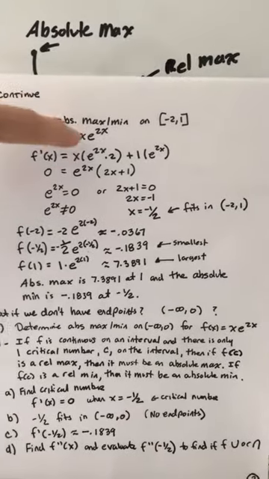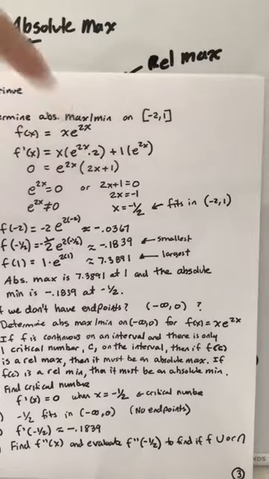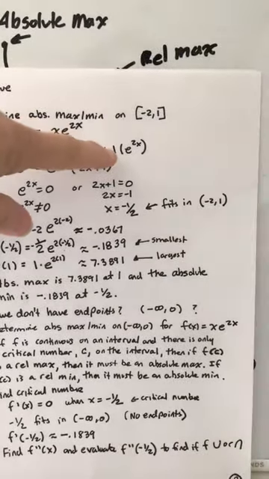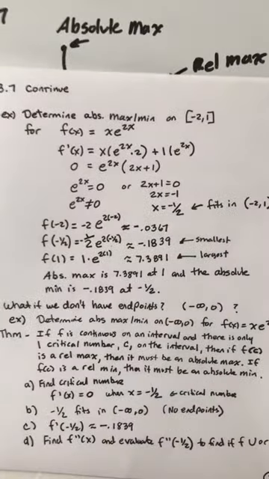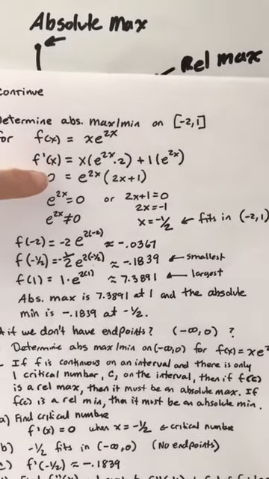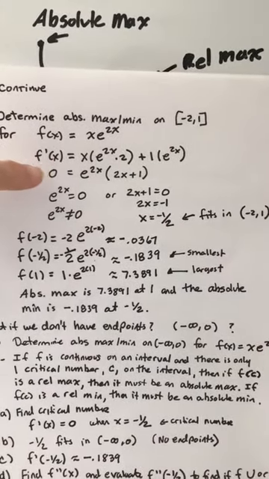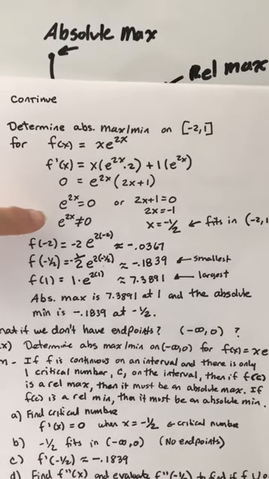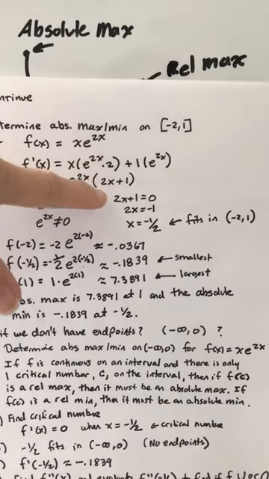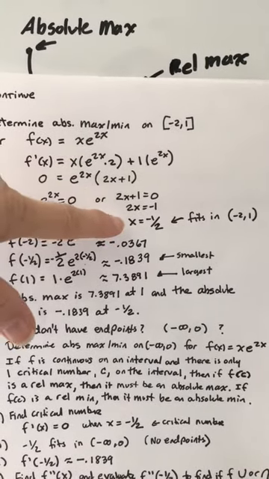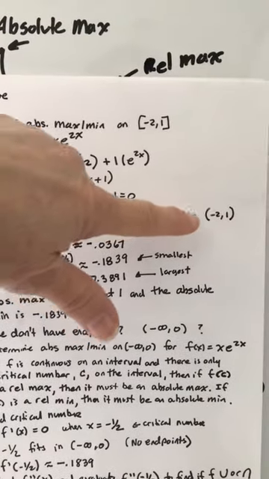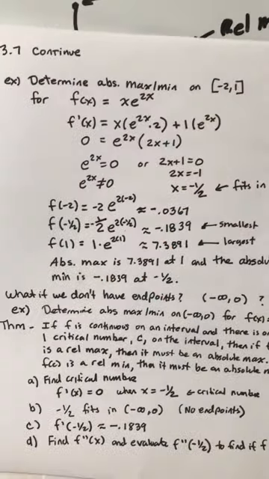So we leave the first one, take the derivative of the second one, use the chain rule, plus the derivative of the first times the second one, and we look for where it equals 0. We notice e to the 2x cannot equal 0, so we solve for the next one, 2x plus 1. So x equals -1/2 is a critical number, and it fits in -2, 1.